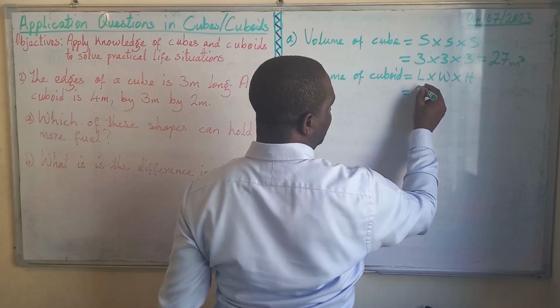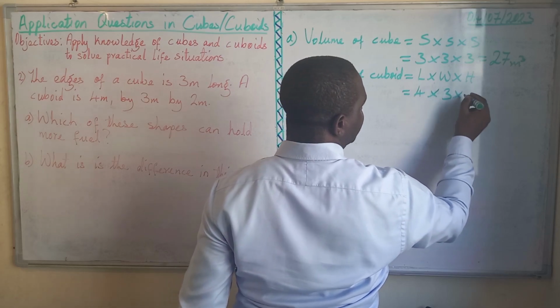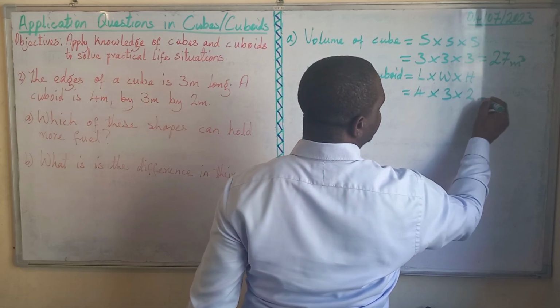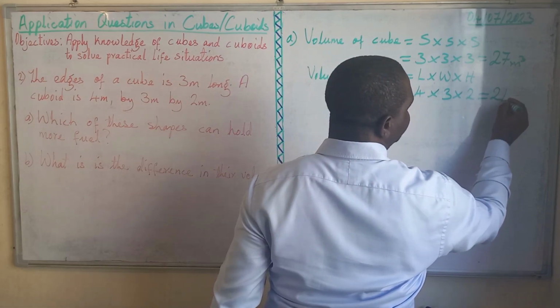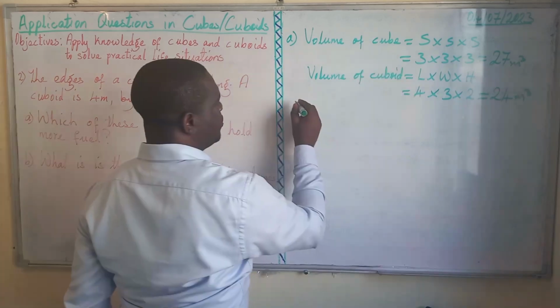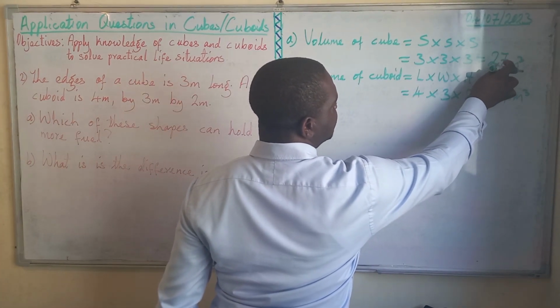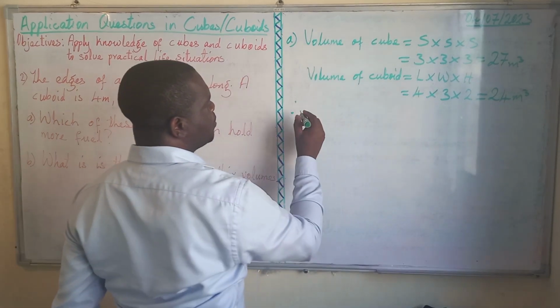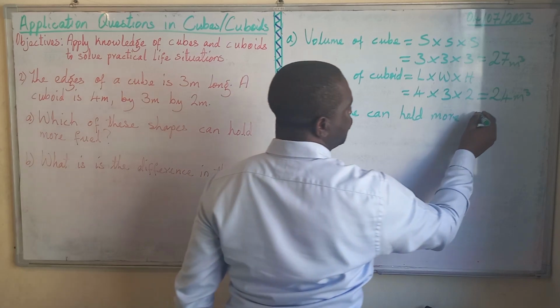Length is 4 meters times width 3 meters times height 2 meters, which is equal to 4 times 3, 12. 12 times 2 is 24 meters cube. Therefore, if you compare these two, you realize that 27 is greater and 27 is for the cube. Therefore, the cube can hold more fuel.